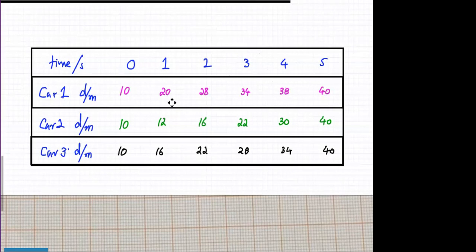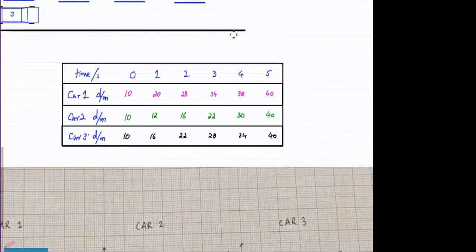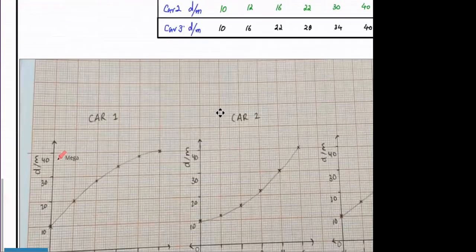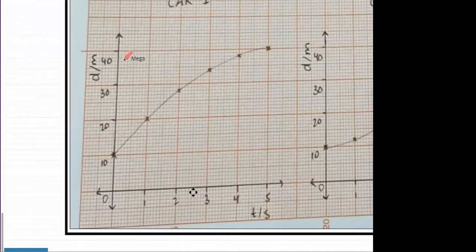So what is happening to the distance traveled in every next second? The object is traveling less and less distance in every next second. So this is a decreasing speed. And then we plot all this information on a graph like this. This is time, these are distances: 10, 20, 28, 34, 38, and 40.